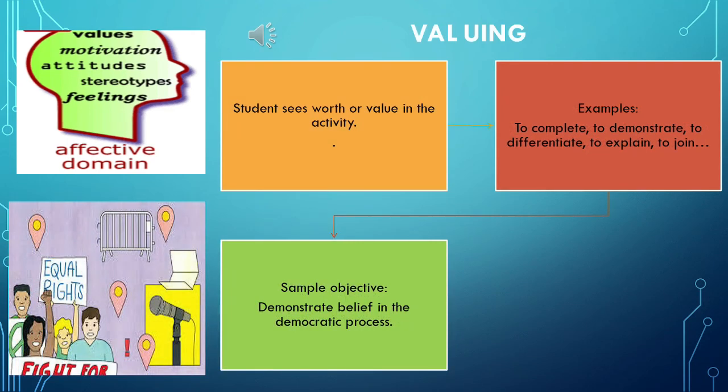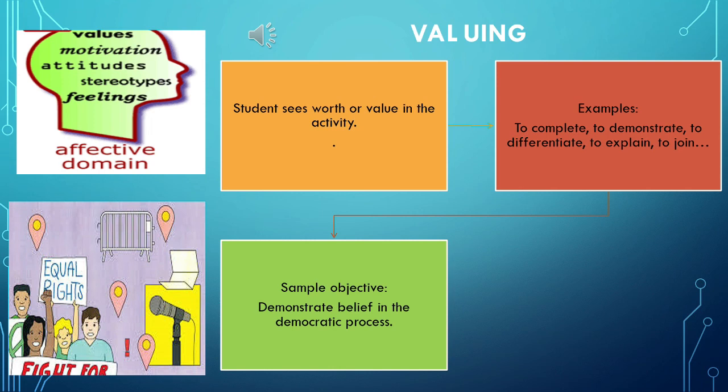Next is valuing. In valuing, the student sees worth or value in the activity. The student is motivated not by the teacher to comply, but by his underlying value guiding the behavior. It is the worth or value a person attaches to a particular object, phenomenon, or behavior. This ranges from simple acceptance to the more complex state of commitment.